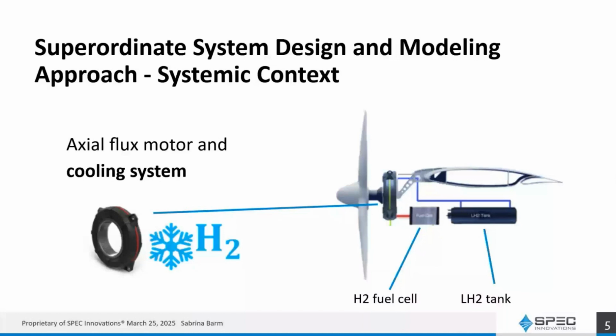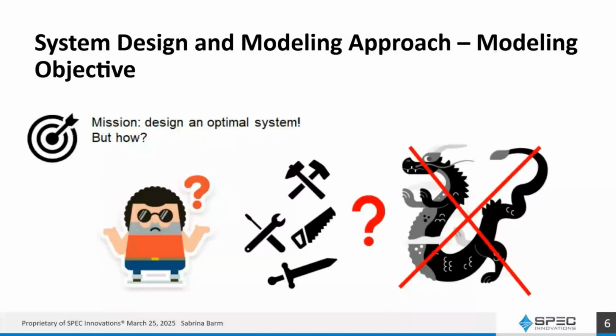We're having extreme temperature differences, extreme requirements. And our mission is really simple. We do want to design an optimal system, but in light of all these complex and extremely challenging, demanding requirements, how do we do that? How do we slay such a dragon?